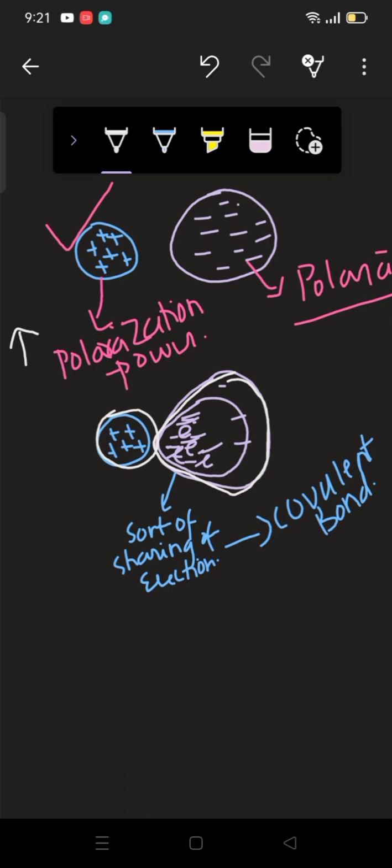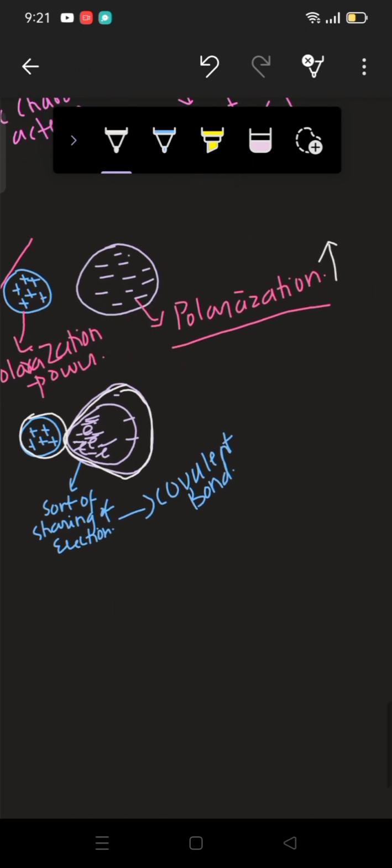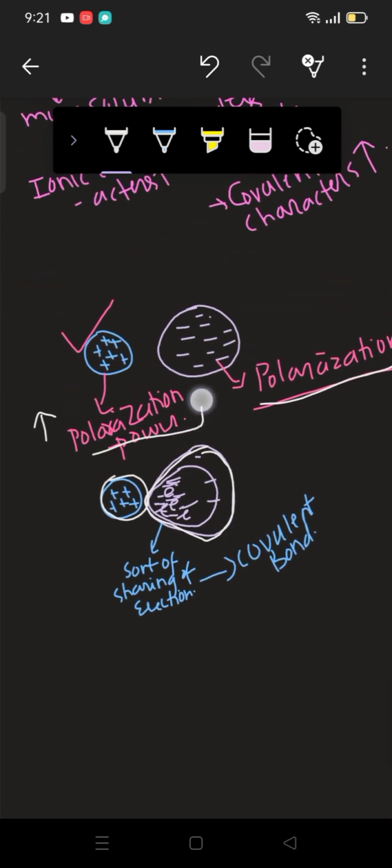And polarization means the anion will be attracted towards the cation. Polarizing power means it will polarize the anion, and the anion will be polarized, which means it will be attracted towards the cation, right?